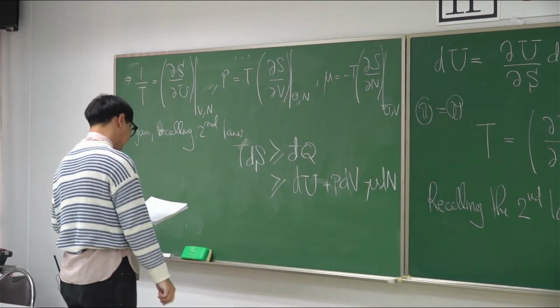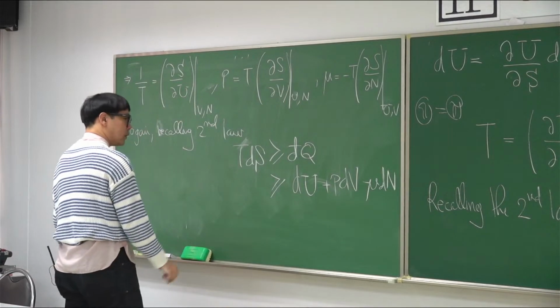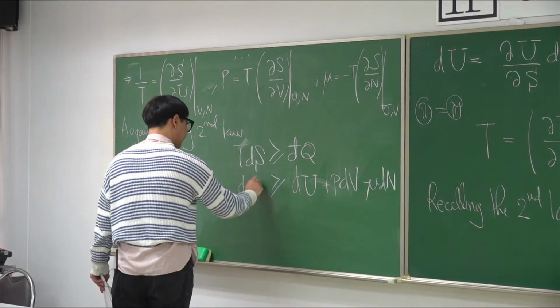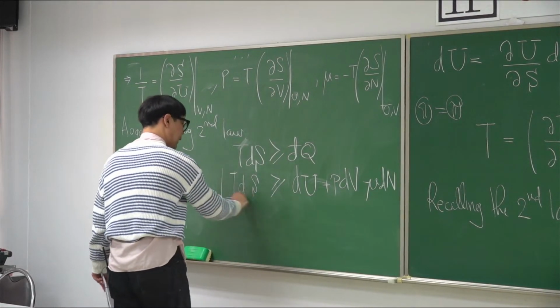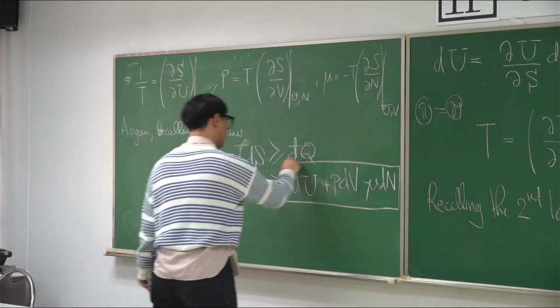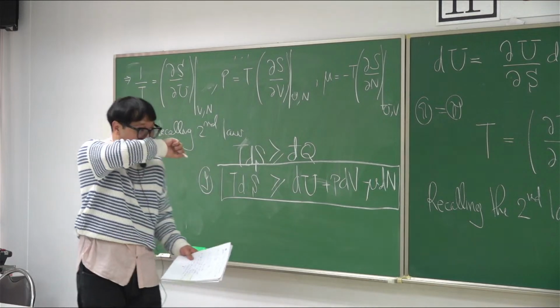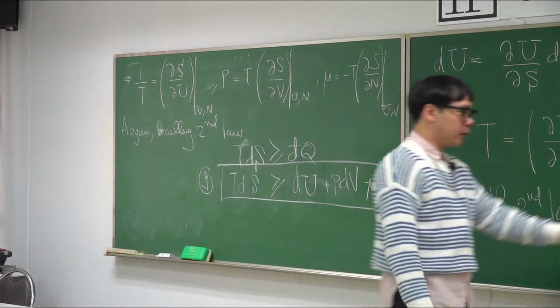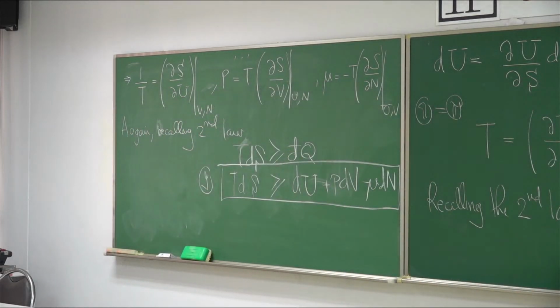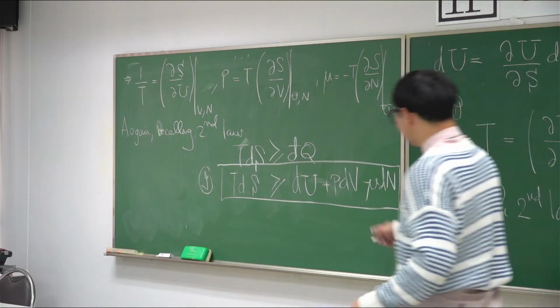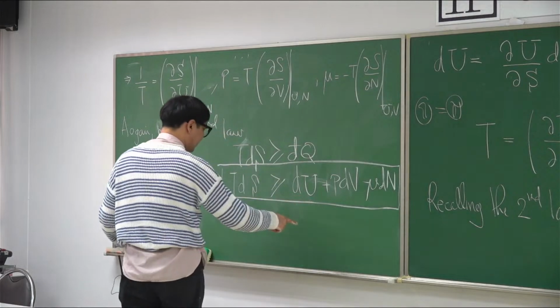Okay. So now you have a new inequality, I call it the normal equation. So for the U, if you treat U as a potential energy, you have this inequality. But for this, you get this instead.